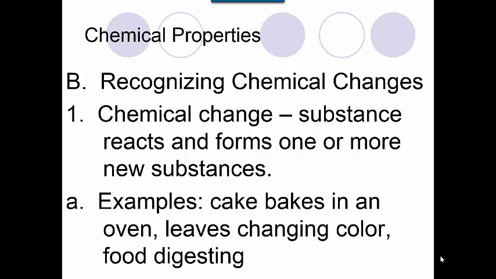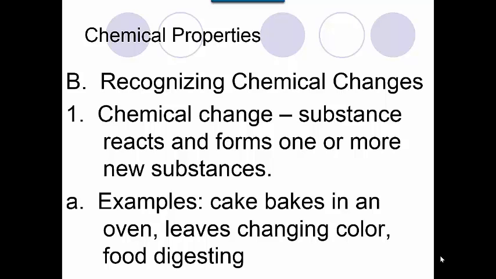The only type of cooking that isn't is when you're boiling water, because boiling is just a phase change: water in the liquid form going to water in the gas form of steam. But any other type of cooking in the oven is always going to be a chemical change. When leaves change color in the fall, that's also chemical.